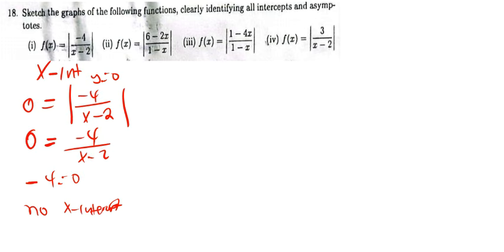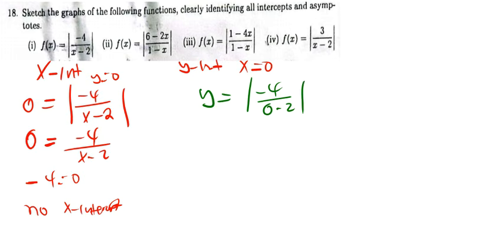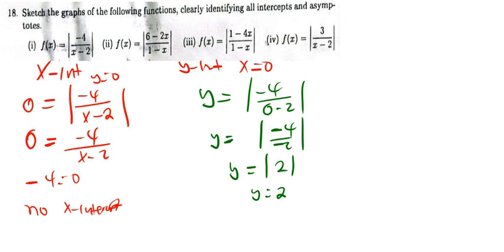Then to find the y-intercept, we said x should be 0. We are trying to find the value of y, sorry. Y will be equal to the modulus of (negative 4(0) minus 2) over (0 minus 2). So y will be the modulus of negative 4 divided by negative 2, which is the modulus of 2, just 2. So when x is 0, y is 2. I'm done.